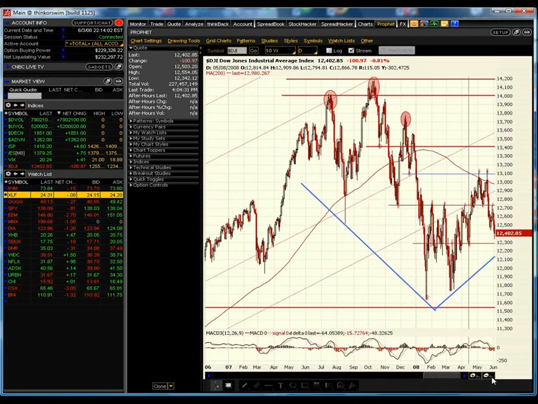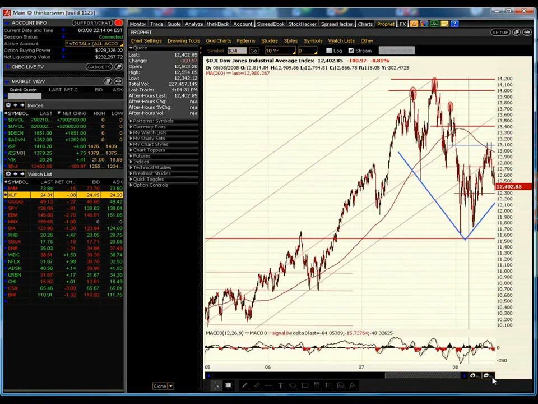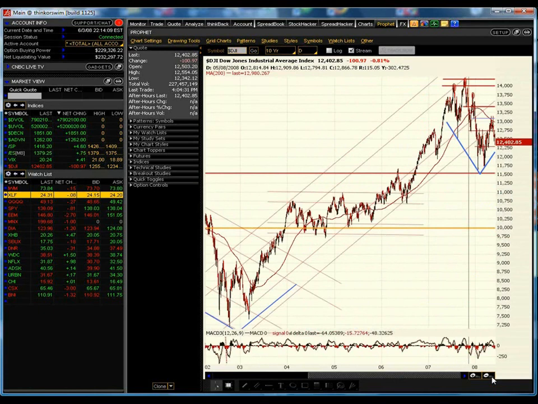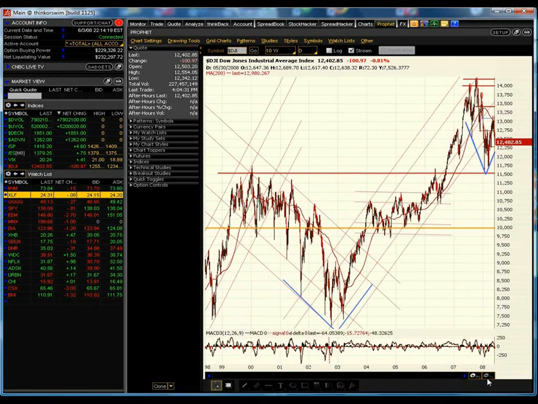Now, I've added a couple of other interesting tools to my arsenal when it comes to technical analysis, and that is channels. I like to use channels. These blue lines are actually something called V-bottoms, and you don't really need to know too much about that.